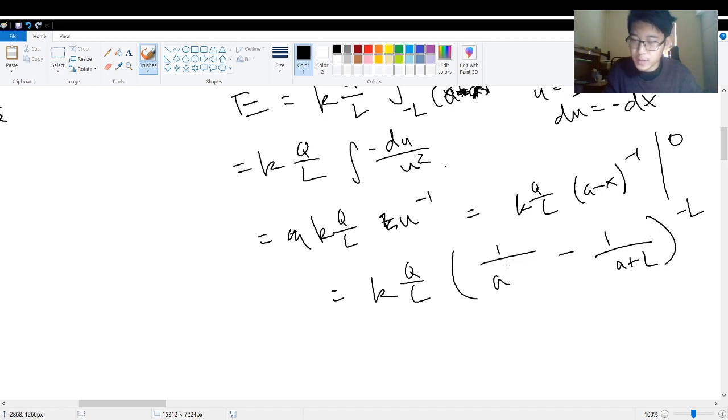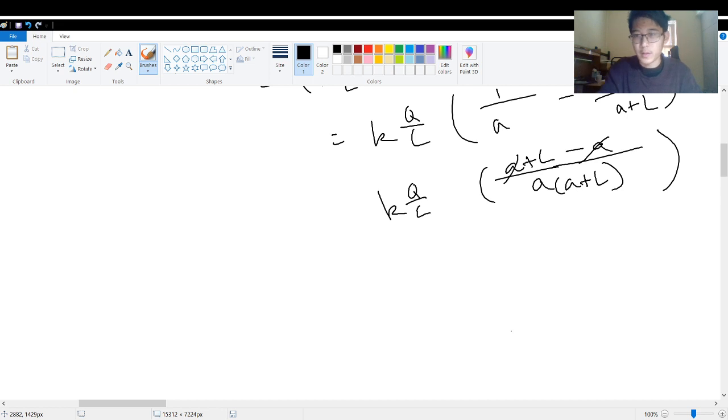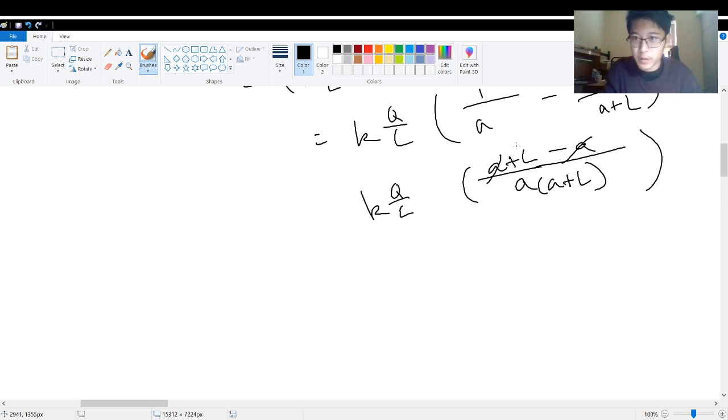And if we want to simplify this down, we find the common denominator, which is going to be a times a plus L, so this is kq over L times a plus L over a times a plus L, this thing minus a, right? So then the two a's cancel out, and this equation can be simplified a little bit further, because once two a's cancel, you can also cancel out these two L's. So then your final equation for the electric field is kq over a times a plus L.